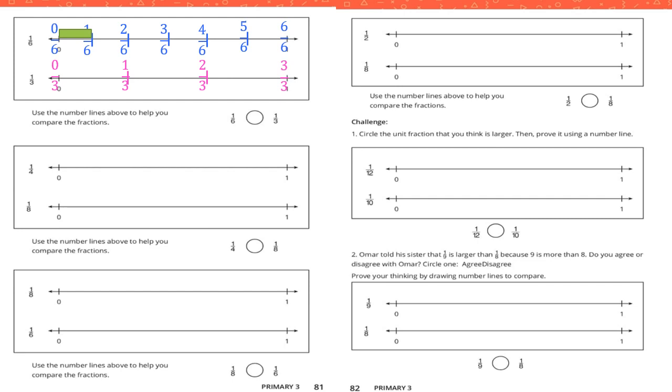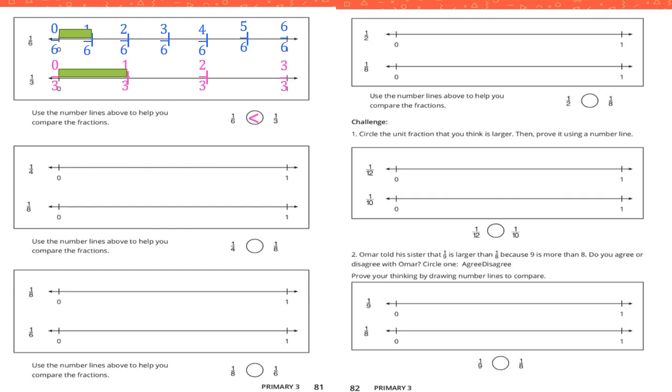So join the distance between 0 over 3 and 1 over 3 to locate 1 over 3. Which is bigger, 1 over 6 or 1 over 3? Yes, 1 over 3 is bigger than 1 over 6.